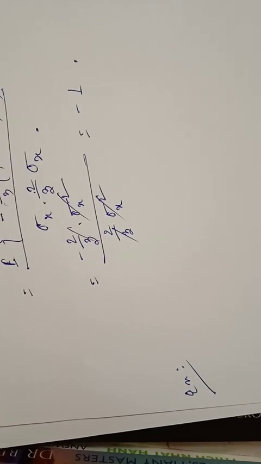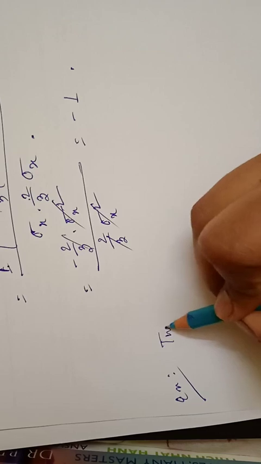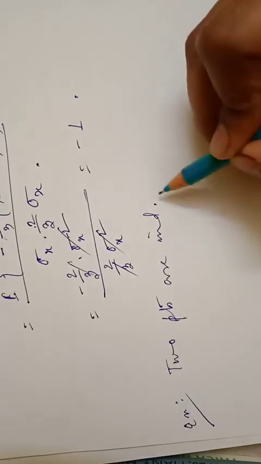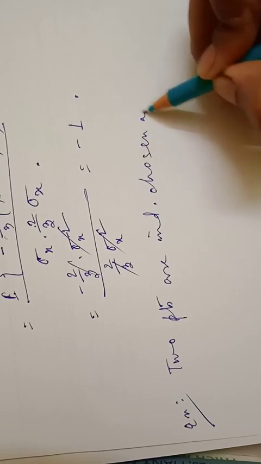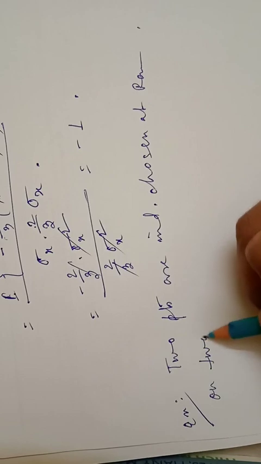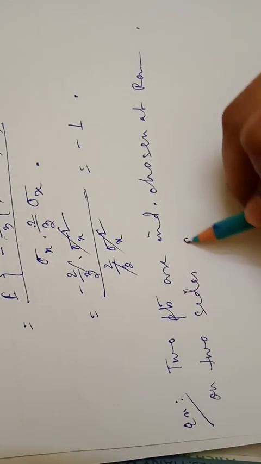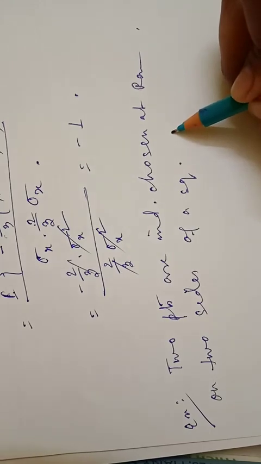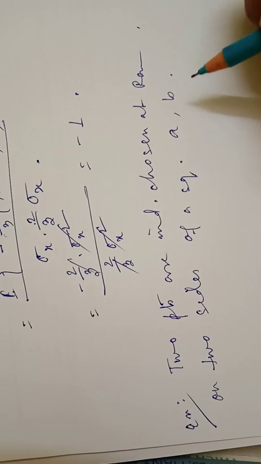Next one. 2 points are independently chosen at random on two sides of a square. The length of the sides are A, B. Okay.